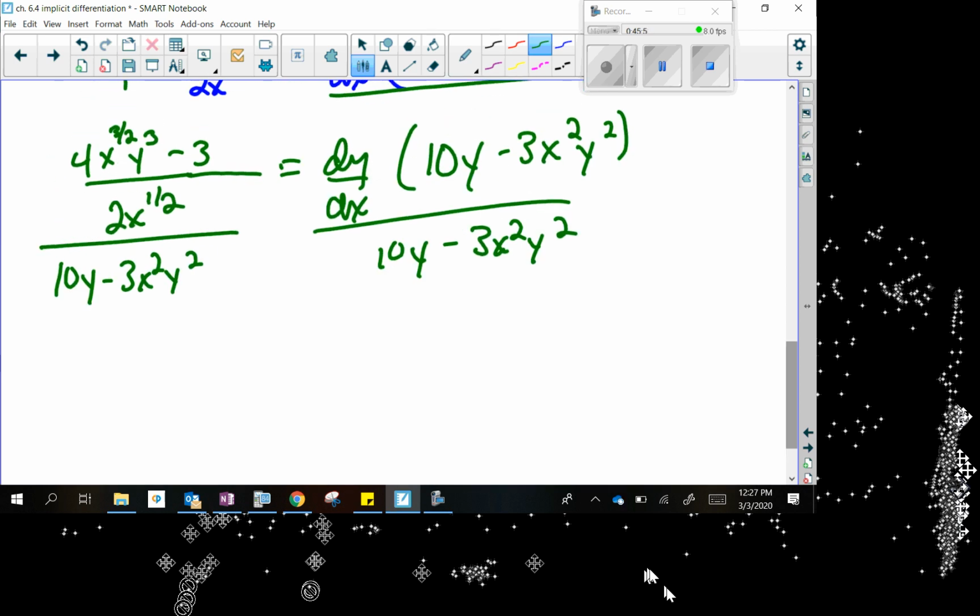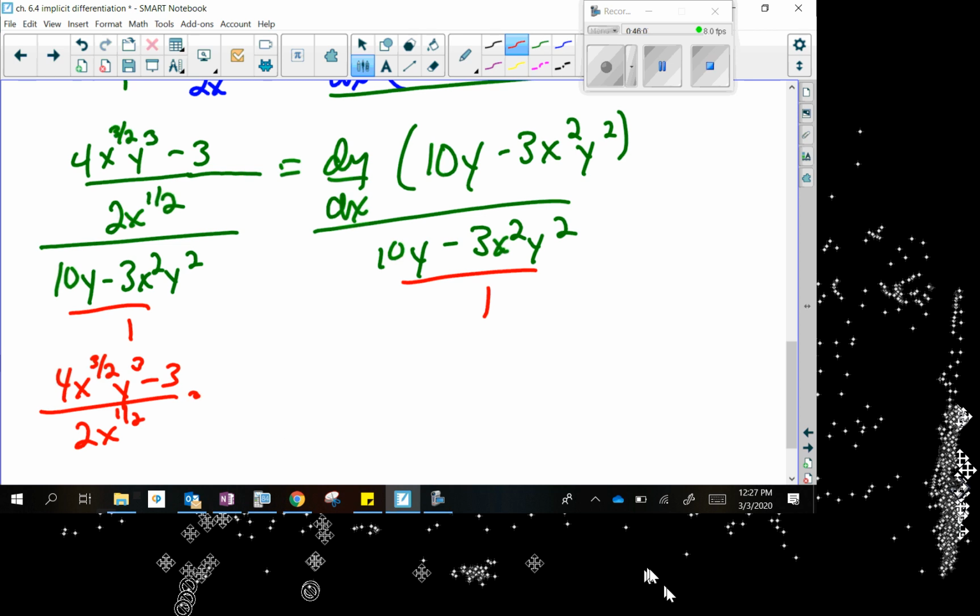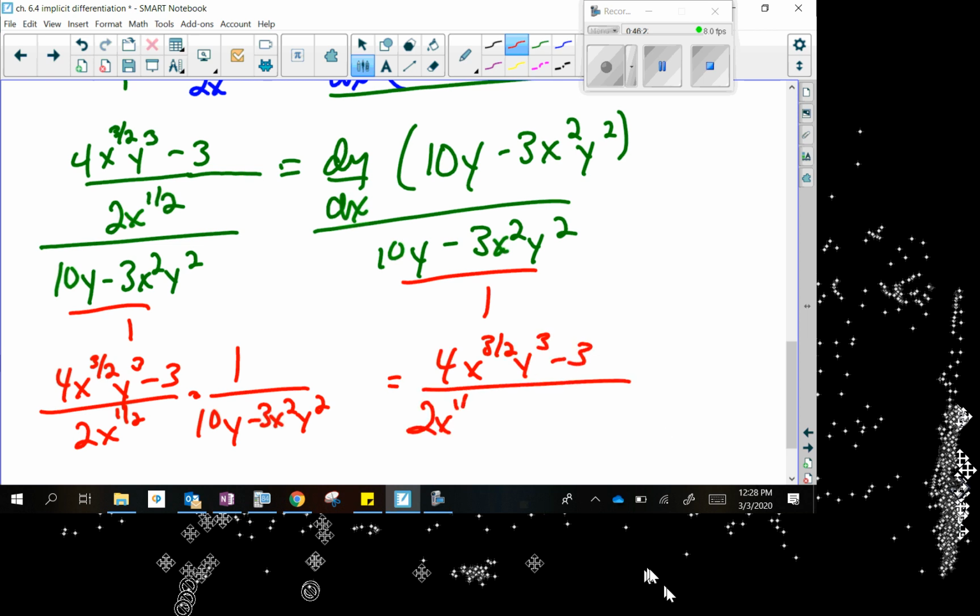When I keep change flip, you think about this as over 1. So it ends up being 4x to the 3 halves y to the third minus 3, over 2x to the 1 half, times 1 over 10y minus 3x squared y squared. So I get 4x to the 3 halves y to the third minus 3 over, yeah, these answers are ugly.